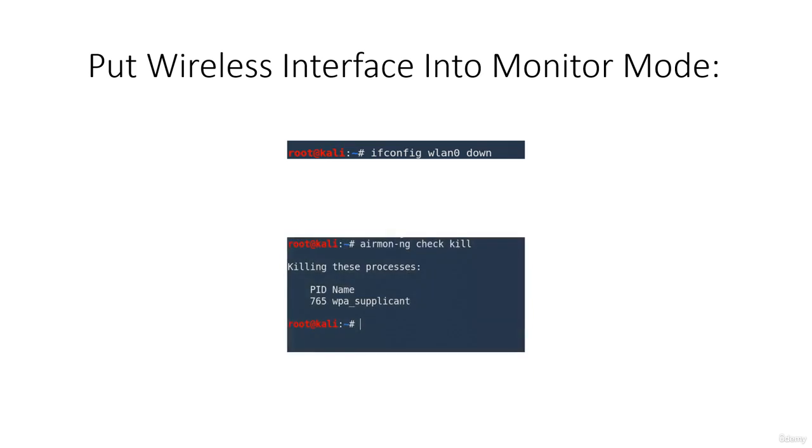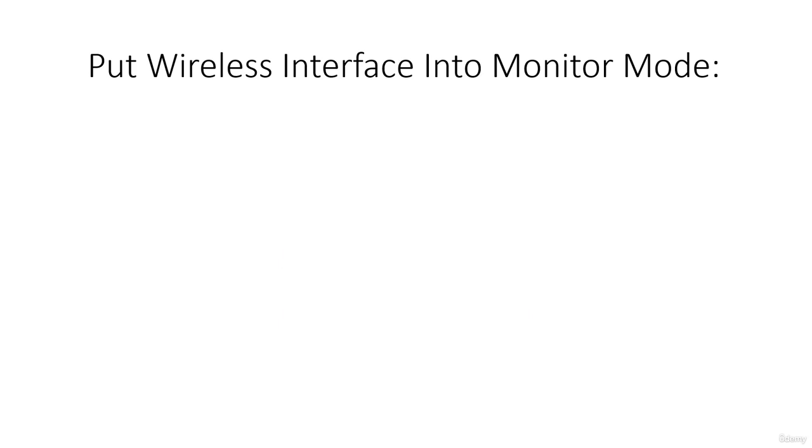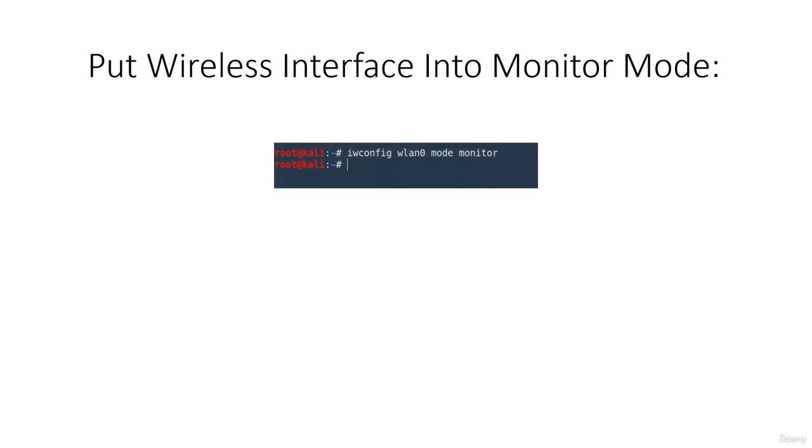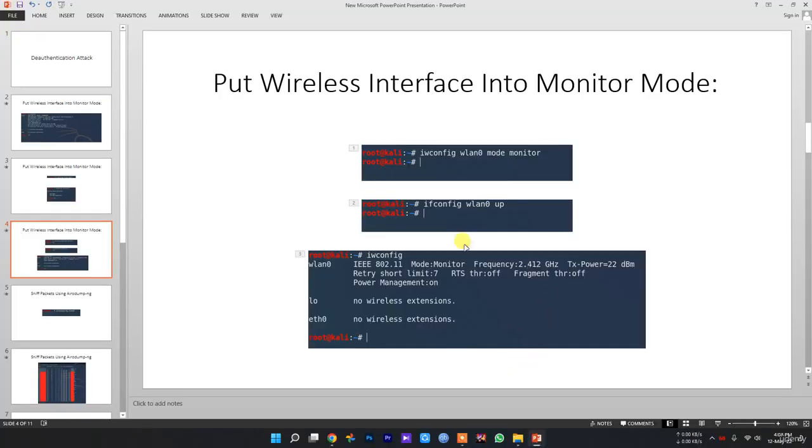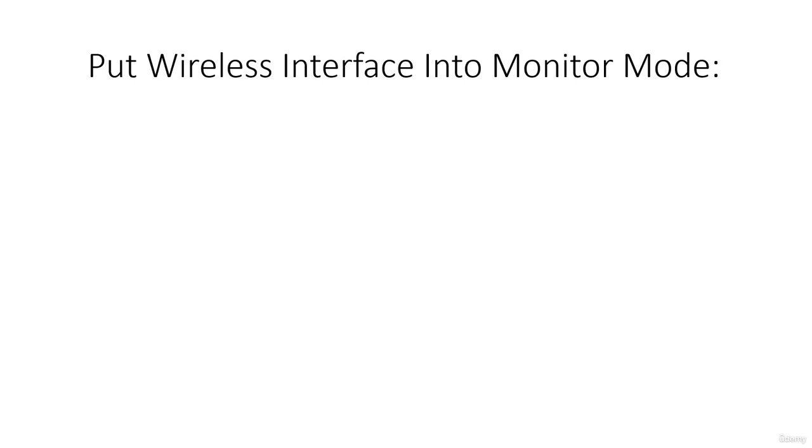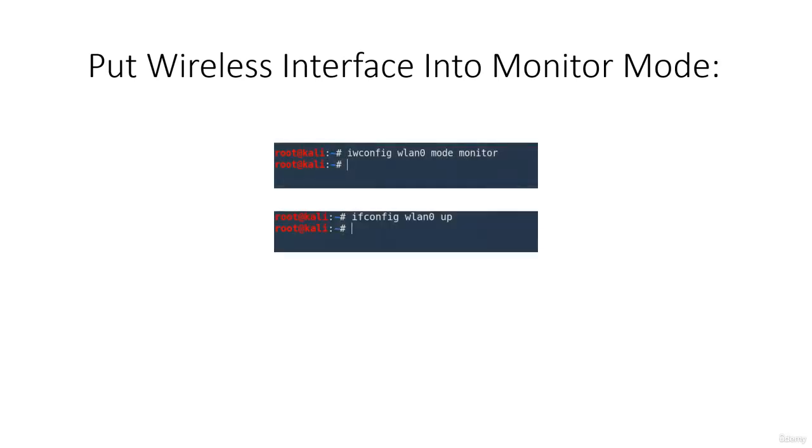This command, airmon-ng check kill, will kill the processes, and then the command to set wlan0 to monitor mode will enable monitor mode, where wlan0 is the name of your wireless interface card. As I said, it could be different. Let me show you later why this may vary.